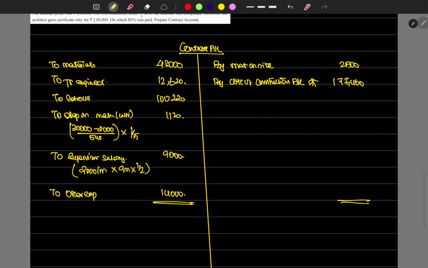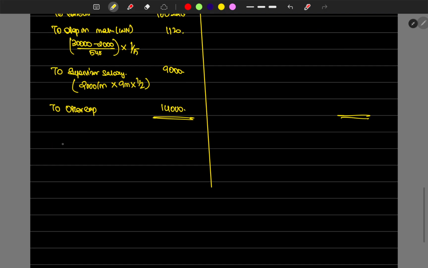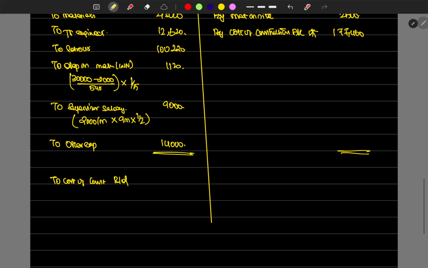So we have found out the cost of construction, which is brought down, 1,77,460.